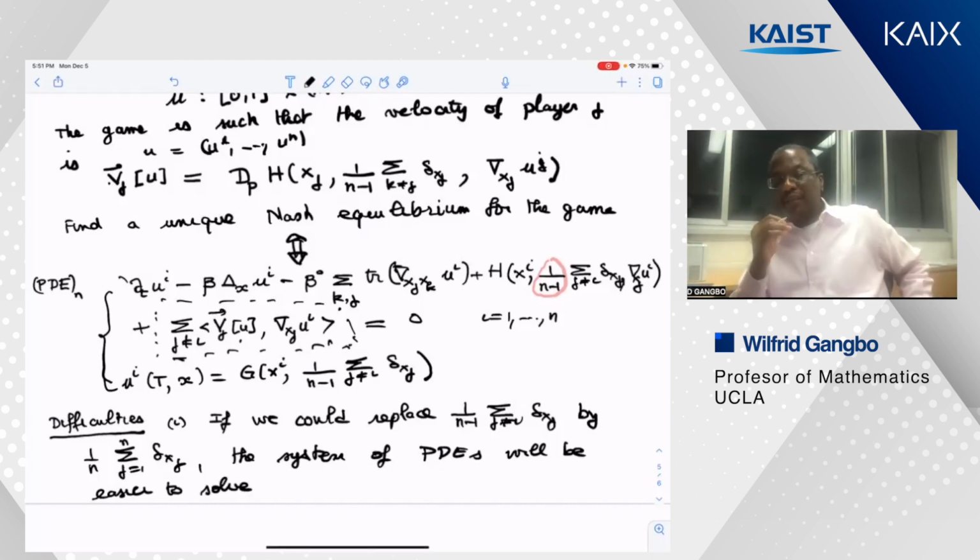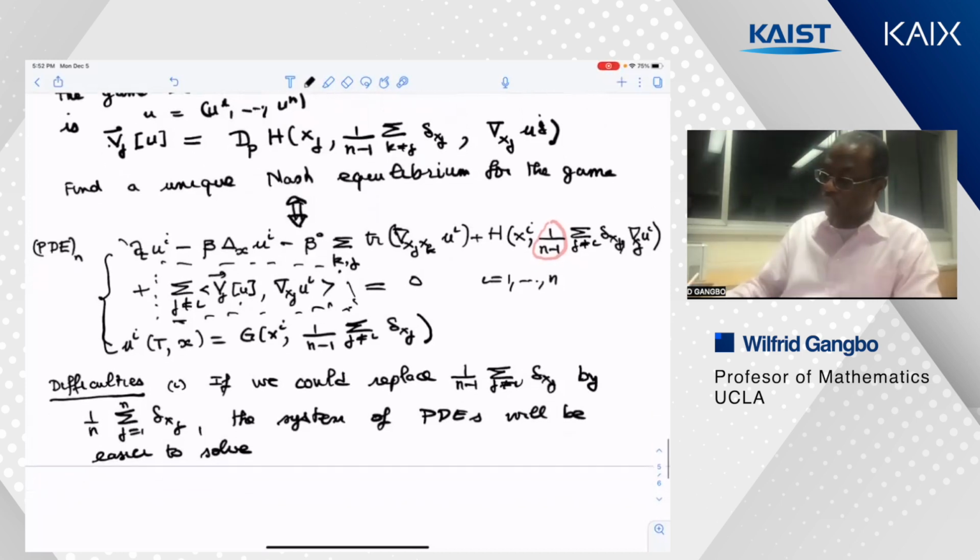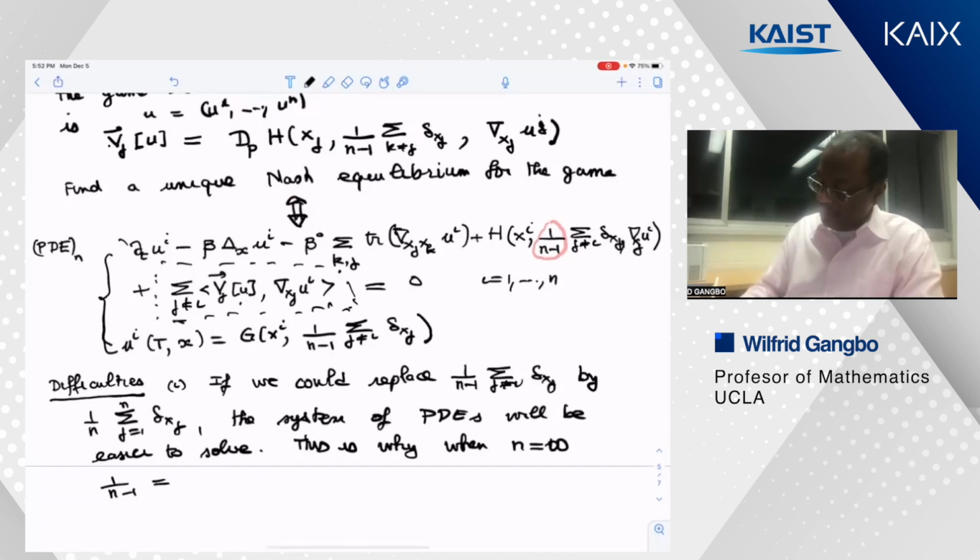So one of the main difficulties in solving this system of PDE is the appearance of 1 over n minus 1 instead of 1 over n. This is why when n equals infinity, there is no difference between 1 over n and 1 over n minus 1.